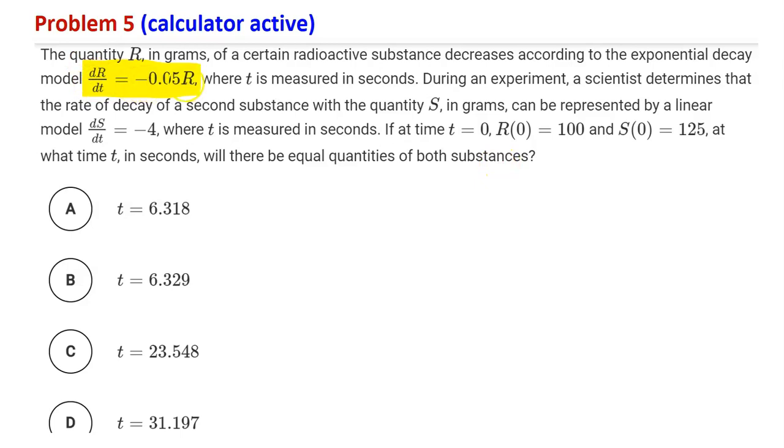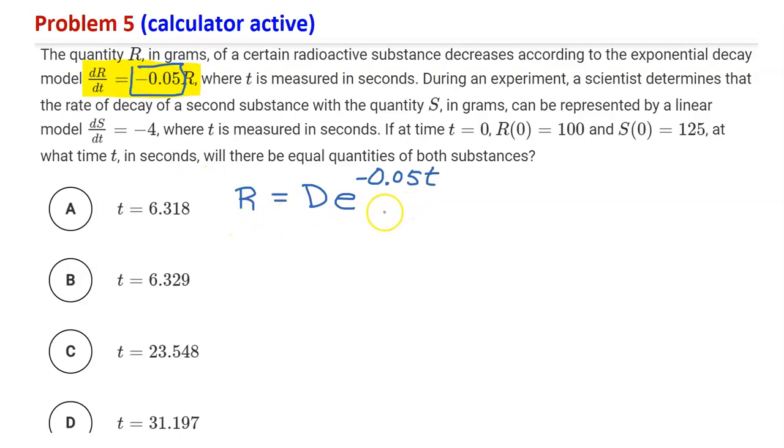This is that special case where the rate of change of a quantity is proportional to itself. So we can go straight to the following solution. R is equal to D times e to the kt. However, in this case, we know what k is. This is k.